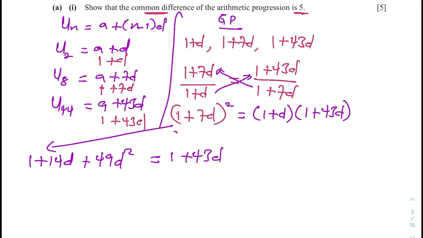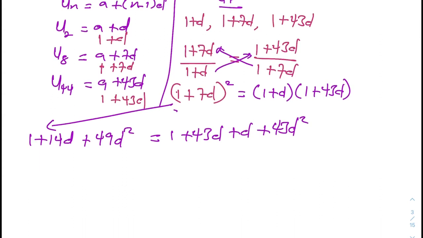We have 1 plus 43d plus d plus 43d squared. All right, so we can group like terms, and then this 43d squared comes to subtract from this. So you are going to have 49 minus 43, that should be 6, right? So 6d squared.